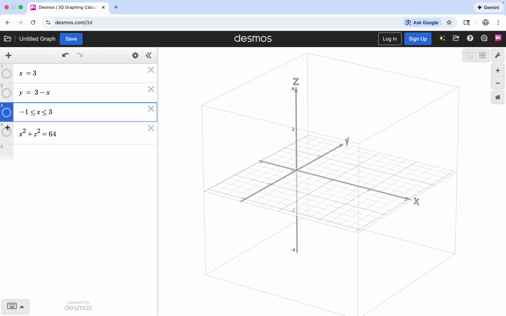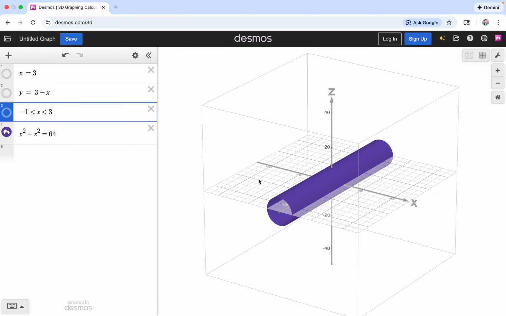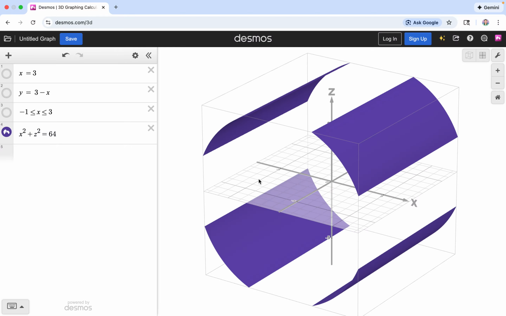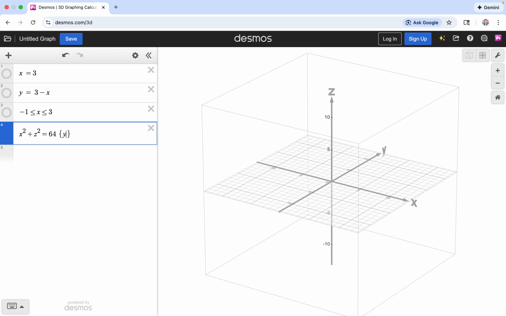And finally, we have this x squared plus z squared equal to 64, which in this case means that... 64. So let me make it there. Okay, there. Stop. It's usually not this bad. Okay, so it is a circle. The way I think about this is, since there's no y, I'm going to draw the circle on the xz plane, right?